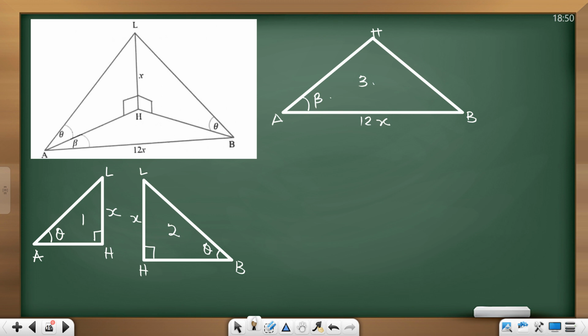We are looking for AH. Why do you want to work with 2? It's just 1. Can you see life made easy?